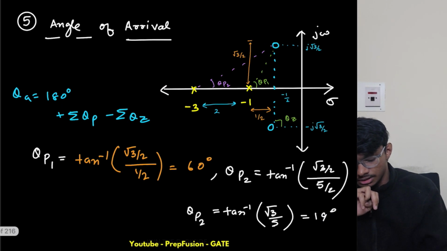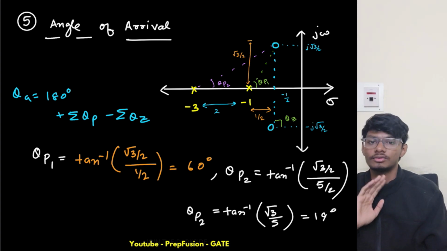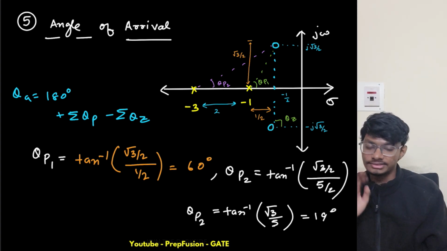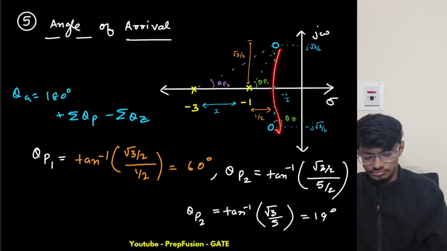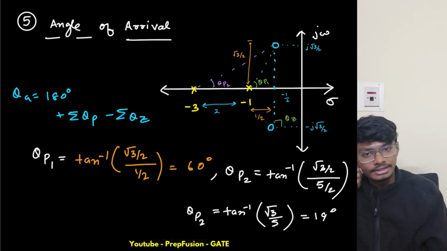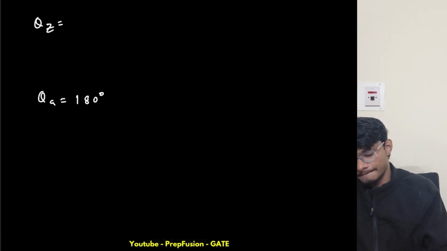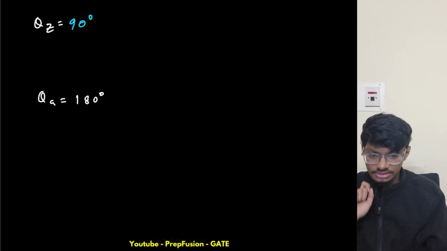Theta z depends on x, which is 0, because it is exactly above my head. But y is finite, which is root 3. It doesn't matter, because root 3 by 0 is tan inverse infinity, which is 90 itself. So you get theta z as 90.